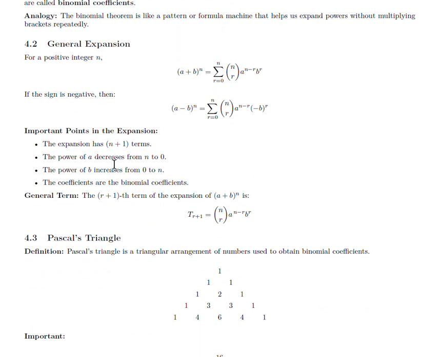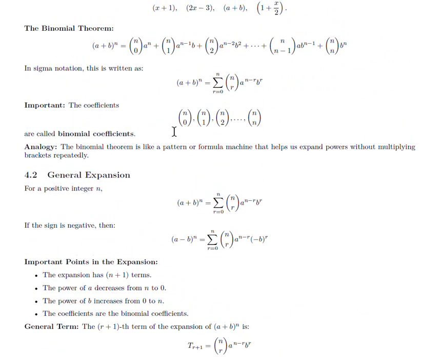Important points in the expansion: the expansion has n plus 1 terms. That is, if n is 2, for instance, in the final expansion we have 3 terms. That's 2 plus 1. And then the power of a decreases from n to 0.